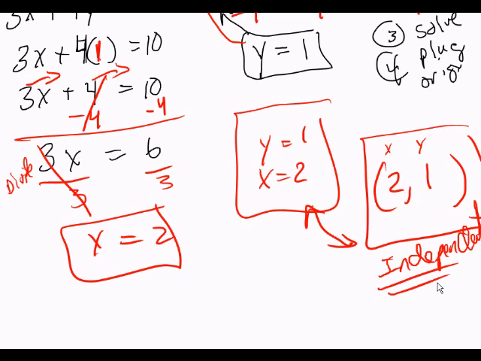If the lines were on top of each other, where there's an infinite number of solutions, then you would write dependent. On page 245, if the lines have no solution, then you would write they're inconsistent. But as long as you have one answer, they're always going to be independent.